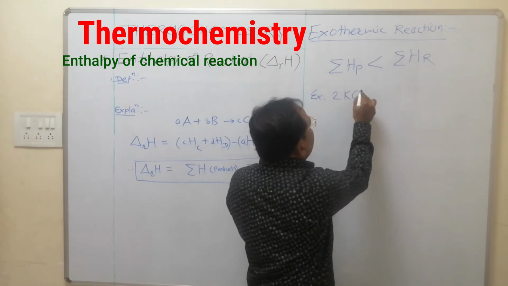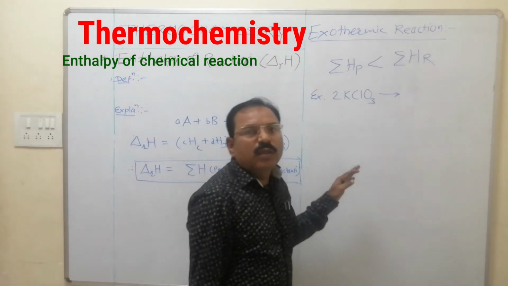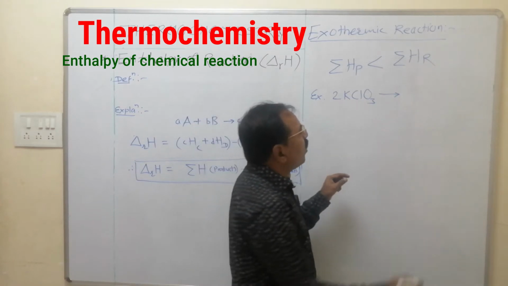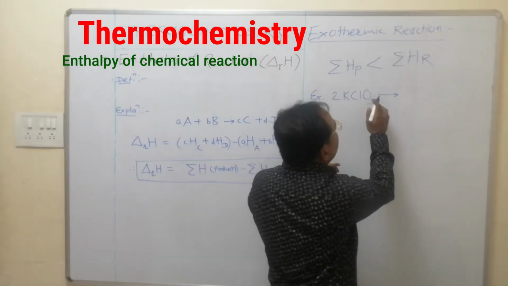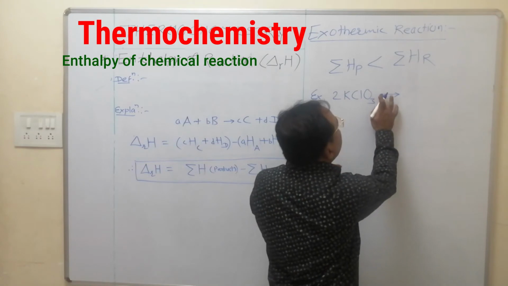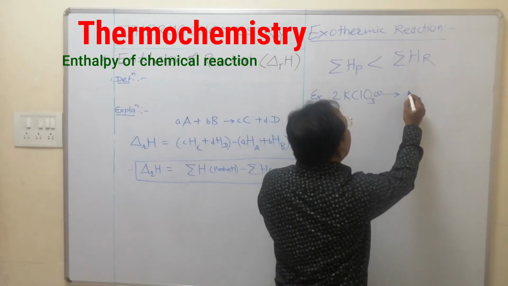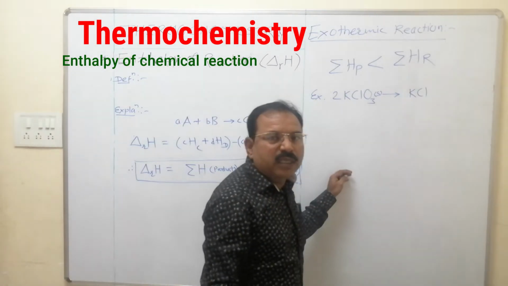For example, the decomposition of potassium chlorate, KClO3. KClO3 decomposes into KCl, potassium chloride, and oxygen molecules. The physical state of KClO3 is solid, and after decomposition it gives solid KCl and oxygen gas.